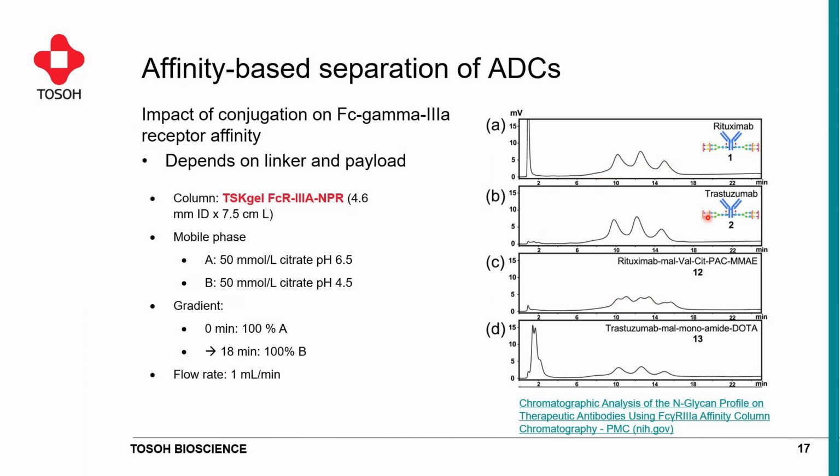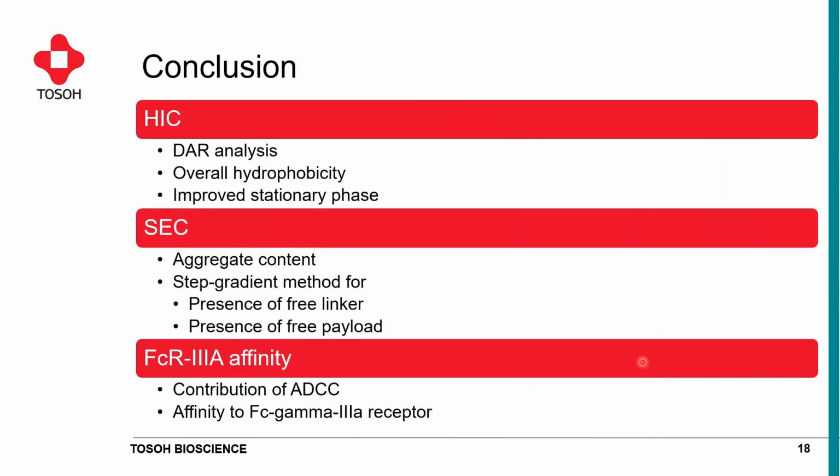However, if we look at trastuzumab, if that one is linked or conjugated via this linker to a chemotherapeutic drug, what we see is that most of our molecules elute very early, meaning they don't have affinity to the specific receptor, meaning it hardly has any activity by ADCC, which again is the secondary mode of action of the ADC. With that, I would like to come to a conclusion again, or already I need to say.